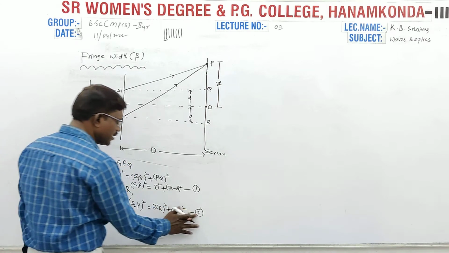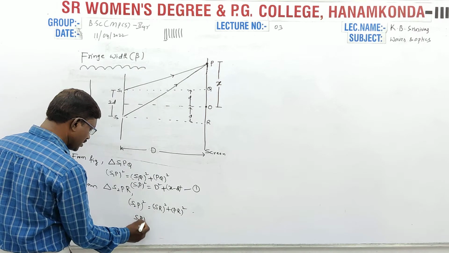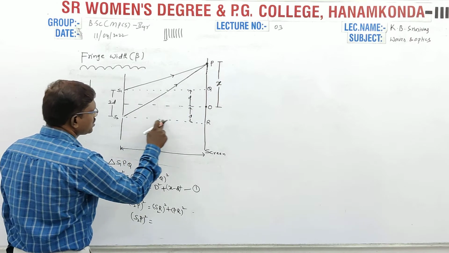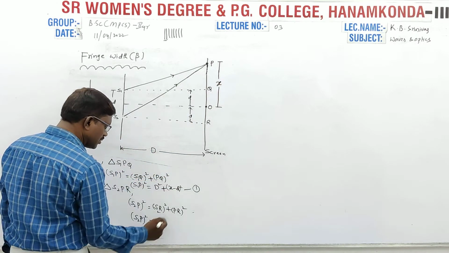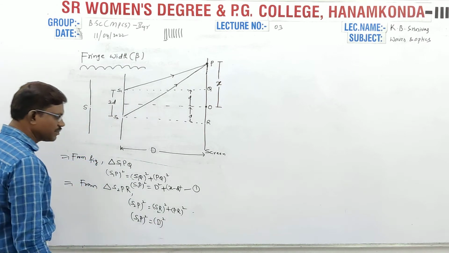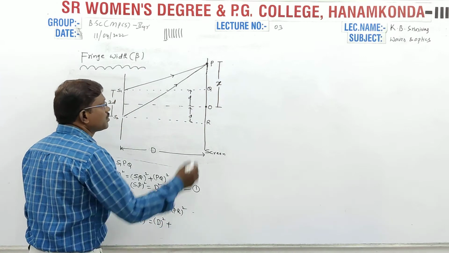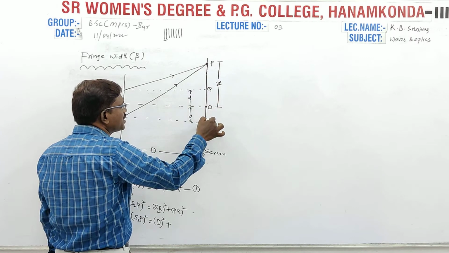Coming to the second right angled triangle, S2P whole square is equal to S2R, this one. S2R is also equal to capital D only, that is the distance between the slits and the screen, plus PR. See the diagram carefully. PR is equal to how much distance?